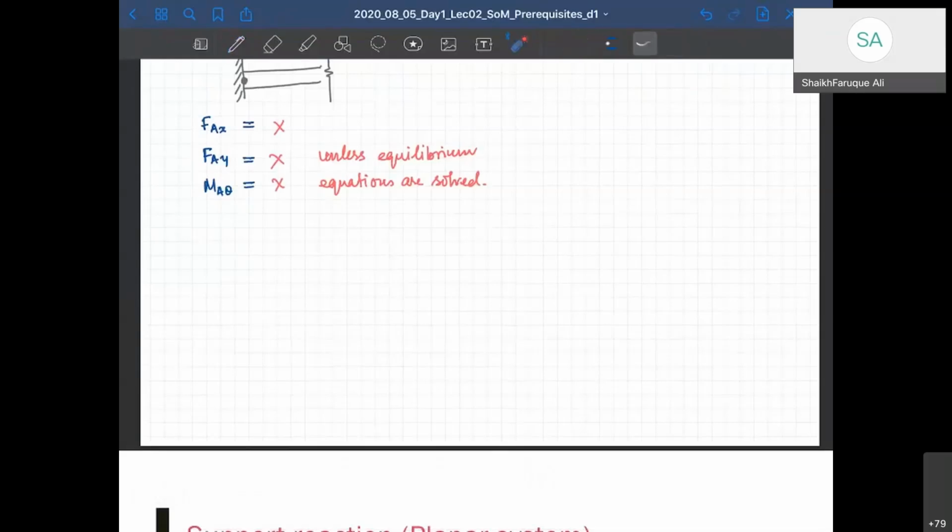So let us write the deformation and displacement. The displacements are deformation along x, deformation along y, and rotation about theta. What do we mean by this? Deformation along x means it is moving along the x direction.